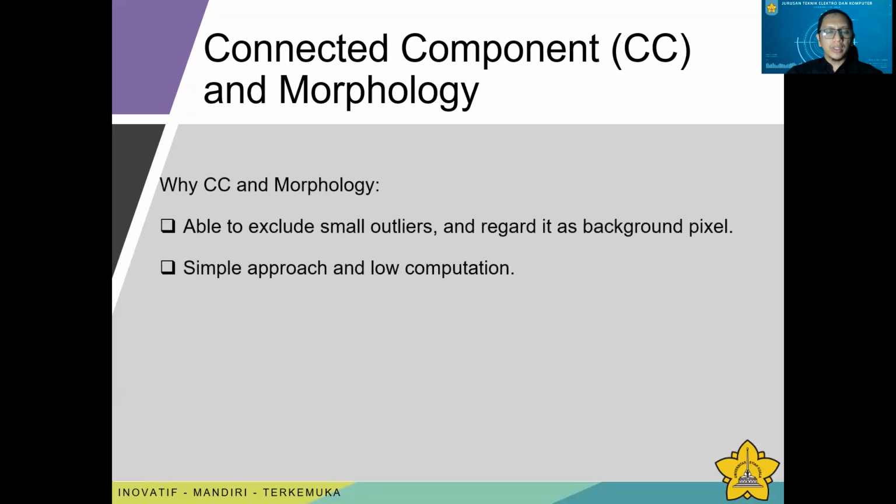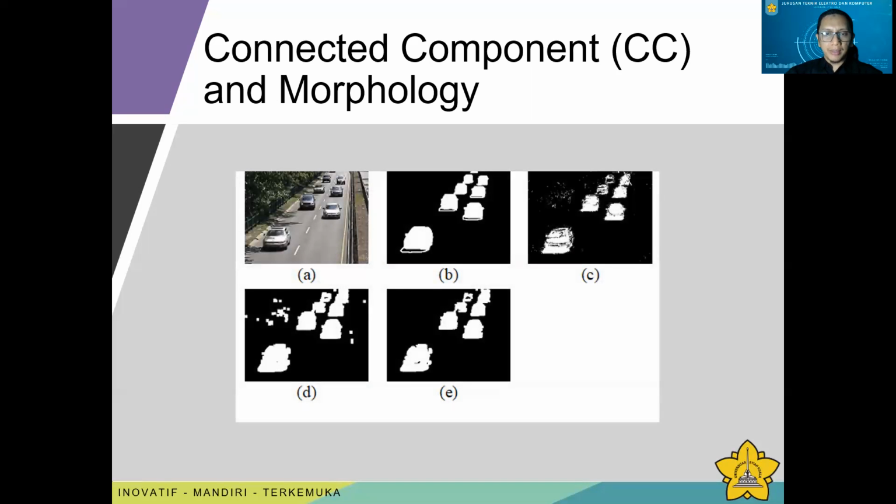Why? Because one advantage is that CC and morphology help us exclude small outliers and regard them as background pixels. And these two approaches are very simple and low computation.